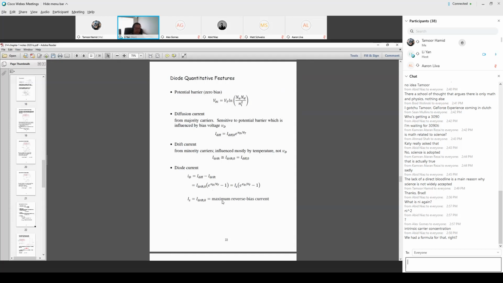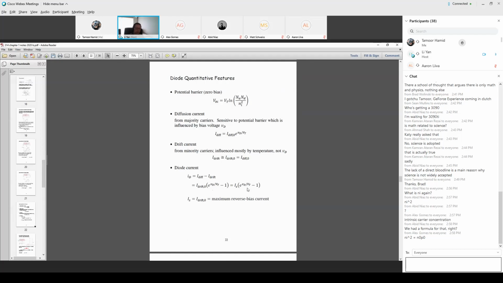And this factor is what we will later call the maximum reverse bias current. Why do we call it the maximum reverse bias current? We are looking at very strong reverse bias. Then VD is almost infinity. When VD is almost infinity, this factor goes to 0.